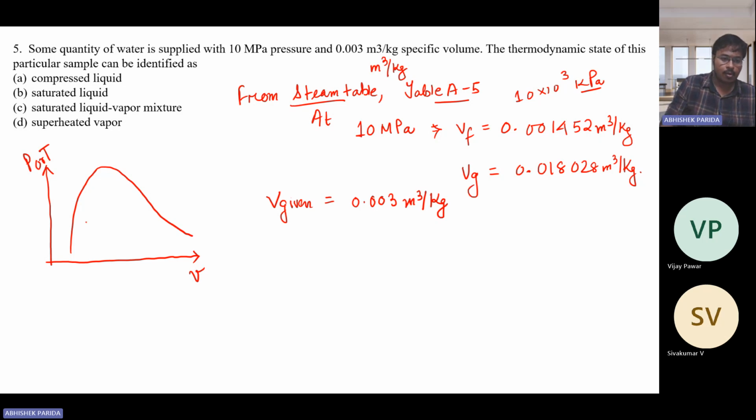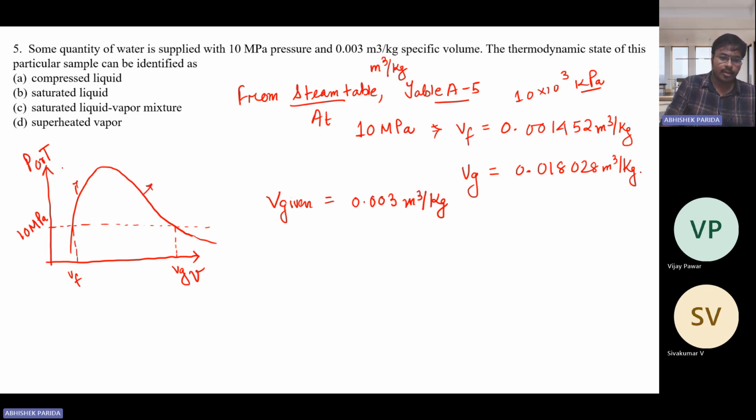Let us say this is the 10 megapascal pressure. This is VF. This is VG. Because this is the saturated line. I hope you understand.